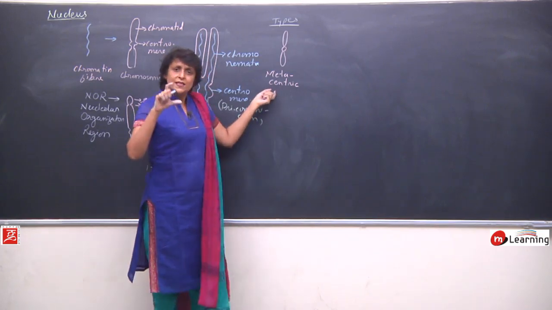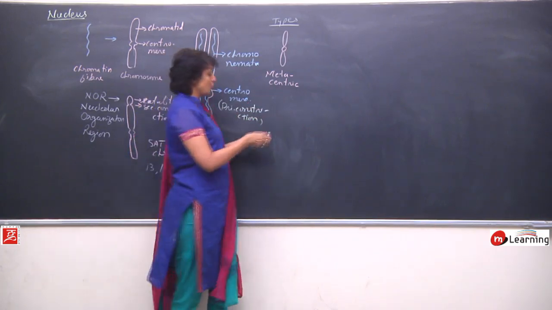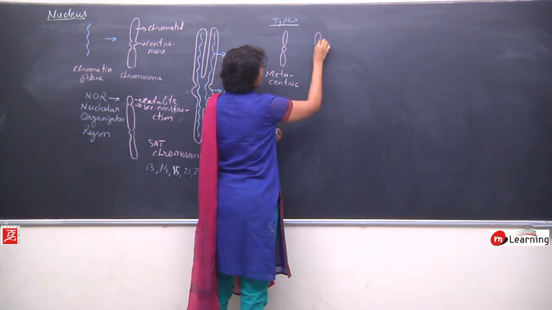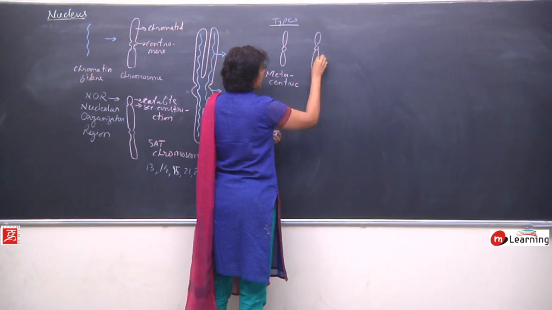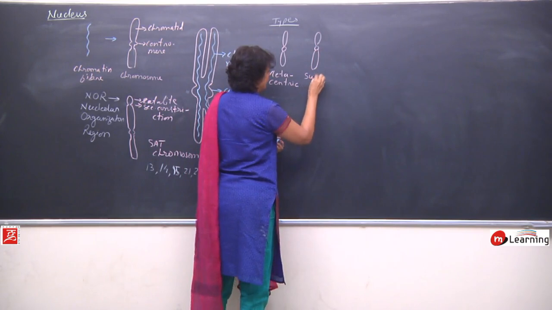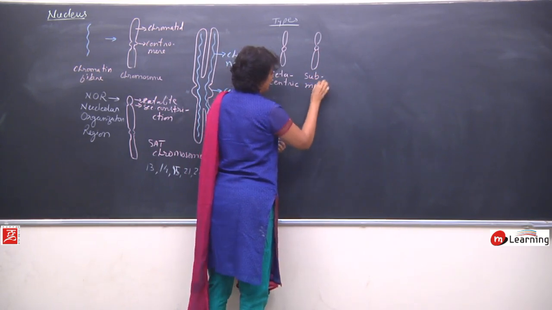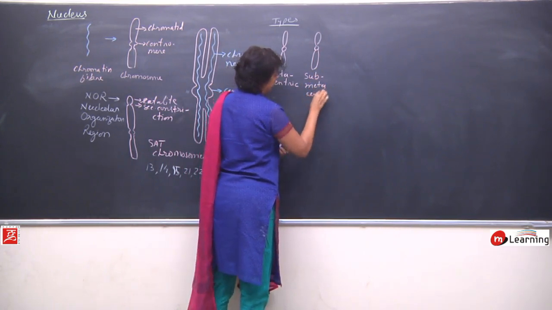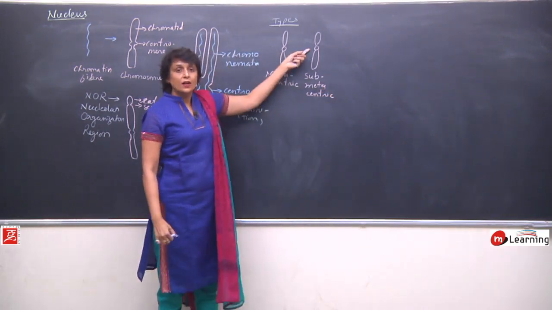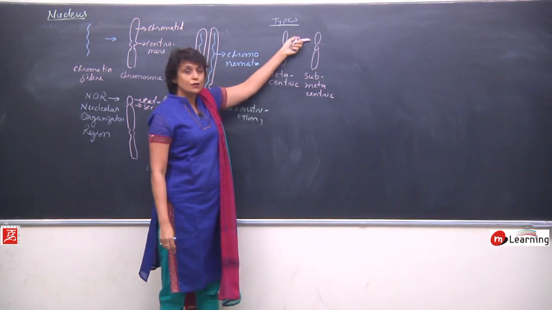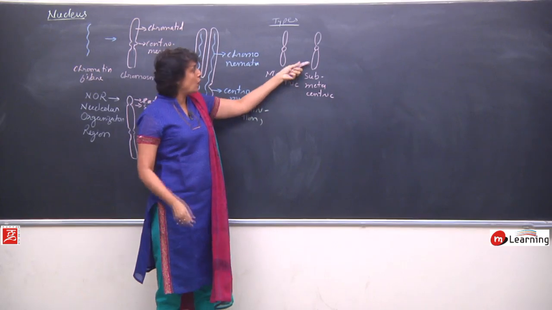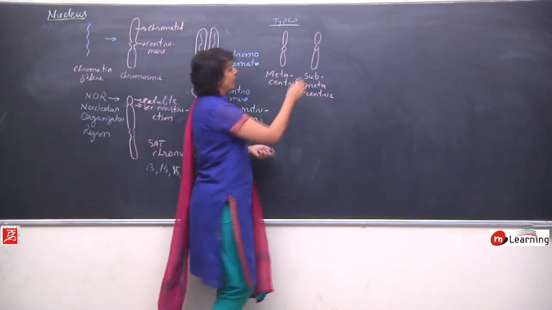If one arm is little longer and the other arm is little shorter, then it is known as submetacentric. That means the centromere is not exactly in the center. One arm is little shorter and the other arm is little longer.